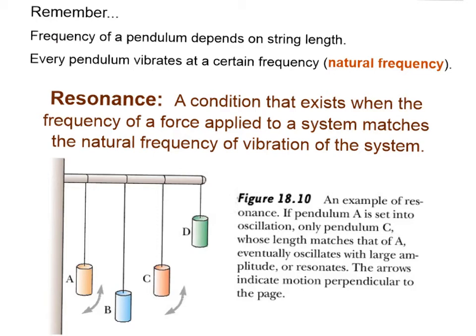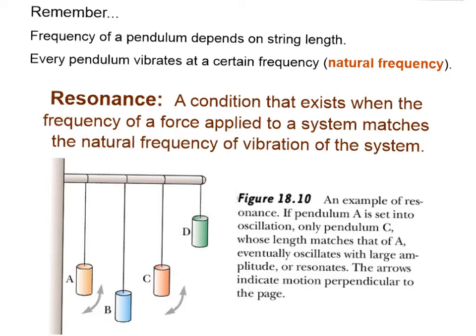Let's say we have 4 pendula hanging here, and they're all with these different string lengths. However, if we have these 2 pendula that are exactly the same string length, and we set one in motion, and it begins to oscillate with a particular amplitude, eventually this pendulum will also begin to oscillate.